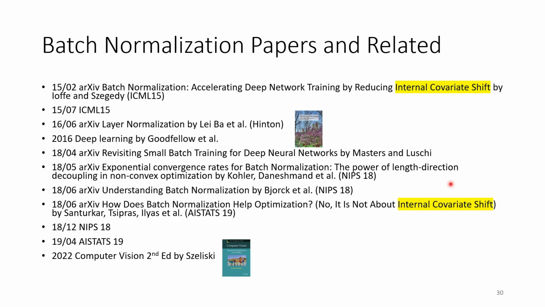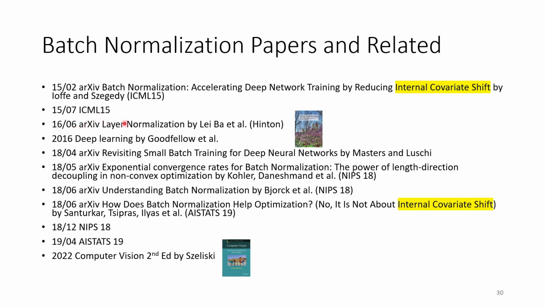All right, so here is the history of normalization papers. First, the batch normalization paper was uploaded to the arXiv website in February 2015. It claimed the normalization layer can reduce internal covariate shift, and the paper was published in ICML 15.